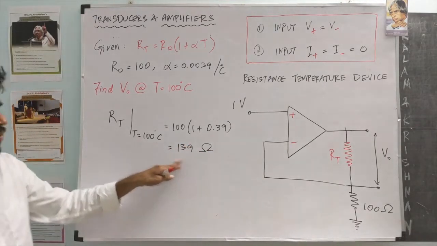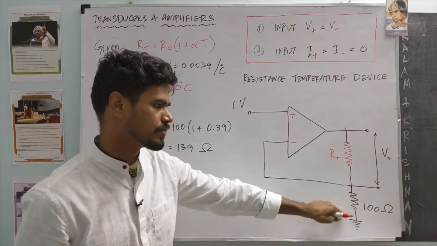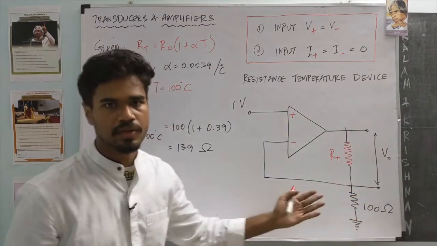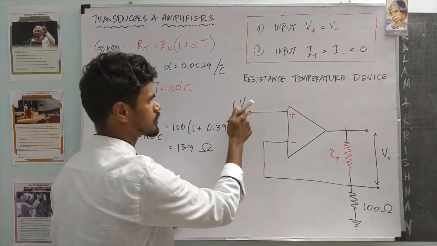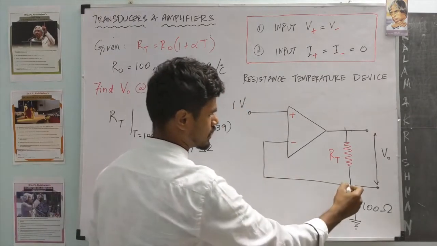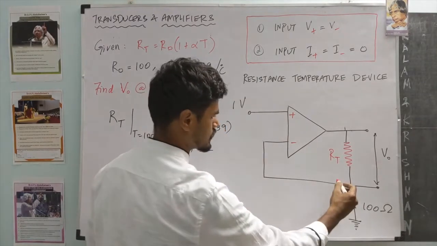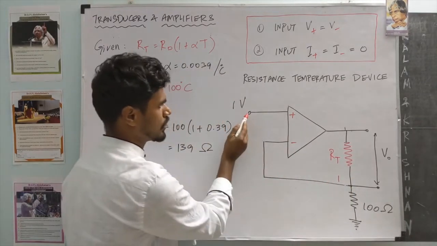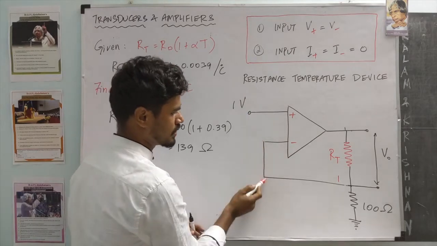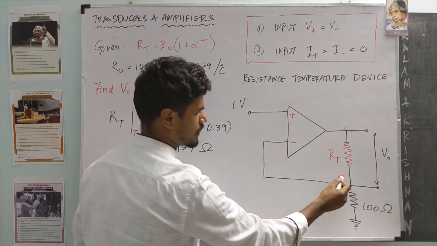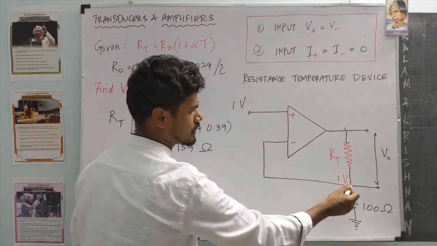Now we know what the resistance value here is. We need to find what the voltage across it is. It's pretty straightforward. If there is a DC voltage of plus 1 here, the voltage here should be plus 1. Why is that? The voltage here and the voltage here should be the same. So this should be 1 volt at this node.